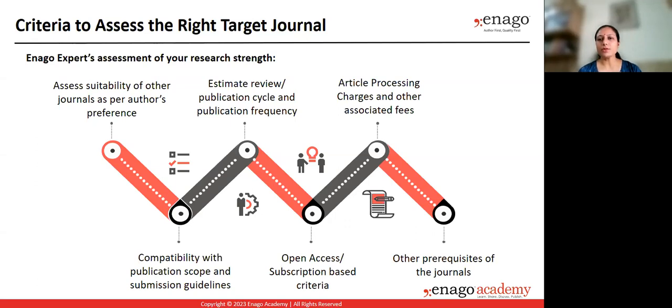They also look into the article processing charges in case the authors have a requirement of a specified APC, and any other associated fees that the journal may have during the submission process. Any other prerequisites of the journals that may be essential for the authors to ensure before they proceed with submission of the final version of the paper to the journal are also considered by the Enago expert.